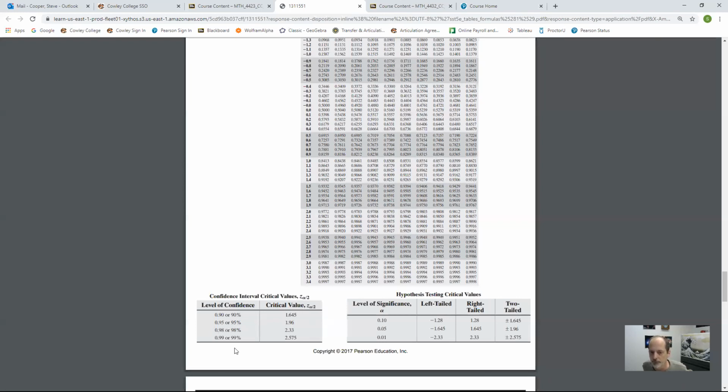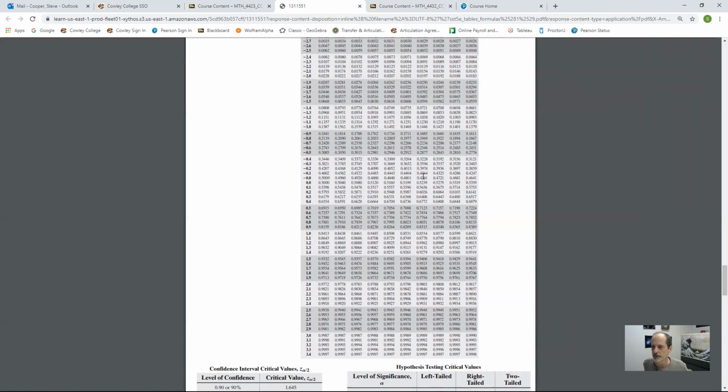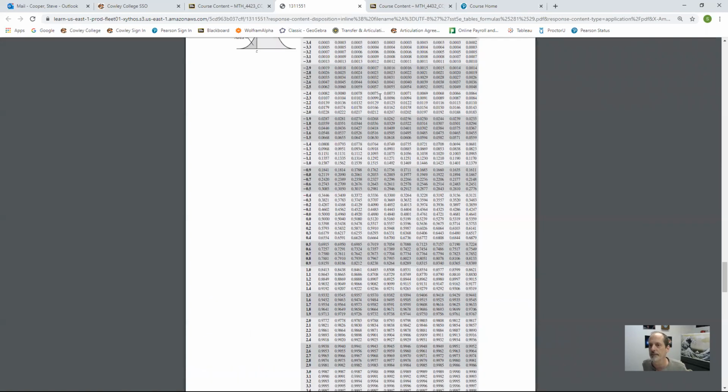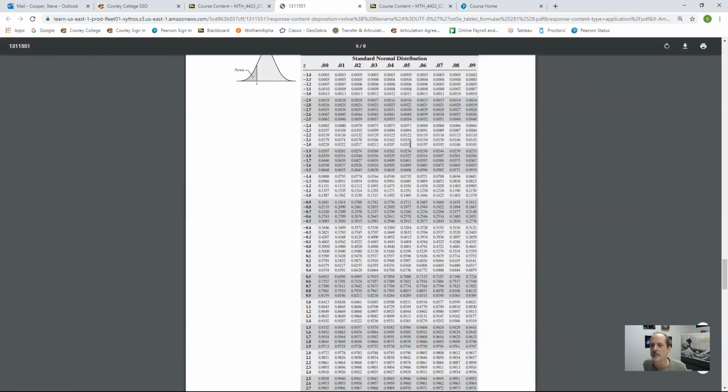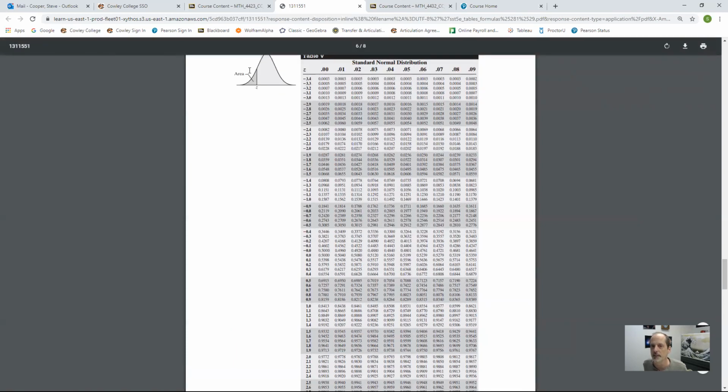But if you were asked for something like 97% confidence, you'd have to find your alpha, and then remember to negate the Z because you have to jump to the other side, since Z sub alpha notation refers to the area to the right of that alpha, whatever the subscript to Z is.